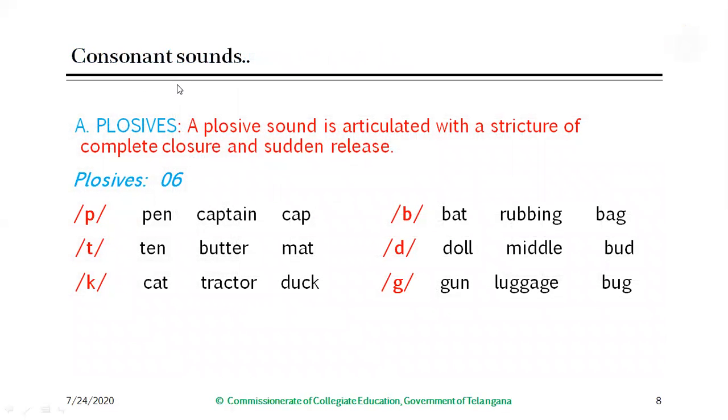Now let's come to the first one, plosives. A plosive sound is articulated with a stricture of complete closure and sudden release of air.